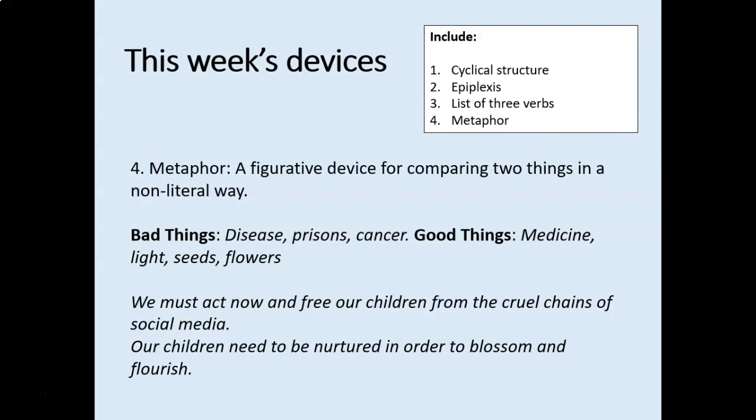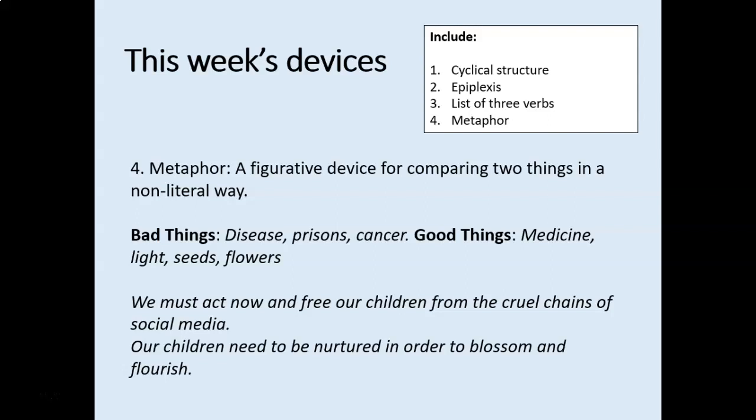Lastly, metaphor. So metaphors are subtle ways of having an emotional impact, and often within persuasive writing, we can build our metaphors around bad things and good things. Bad things like prisons, good things like medicine or seeds and flowers. So here's how that might work. We must act now and free our children from the cruel chains of social media.